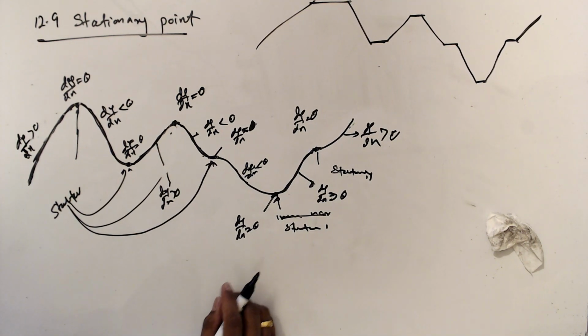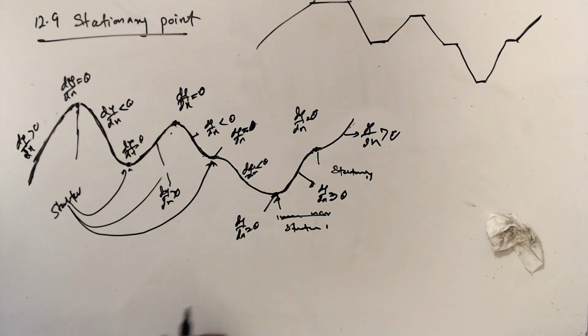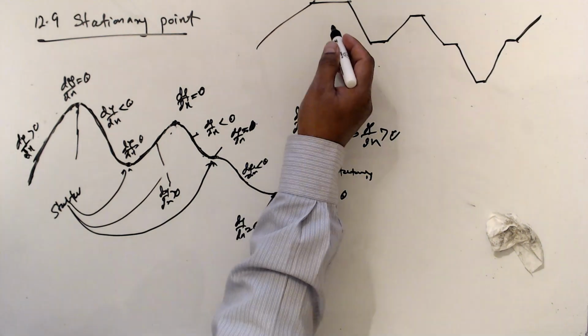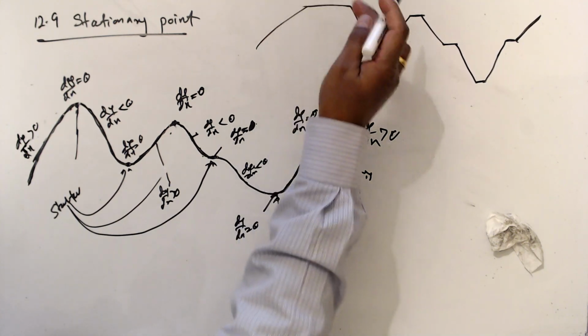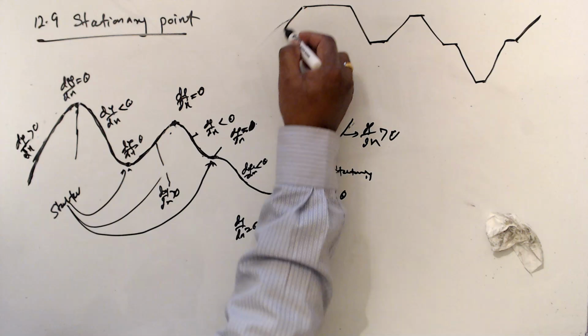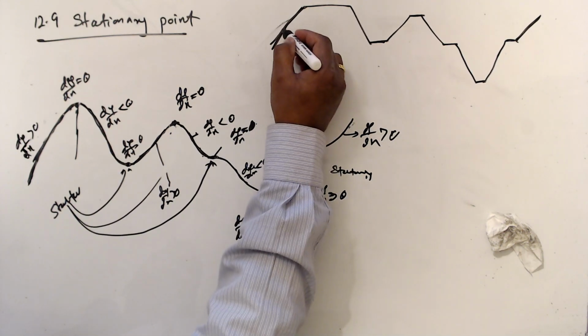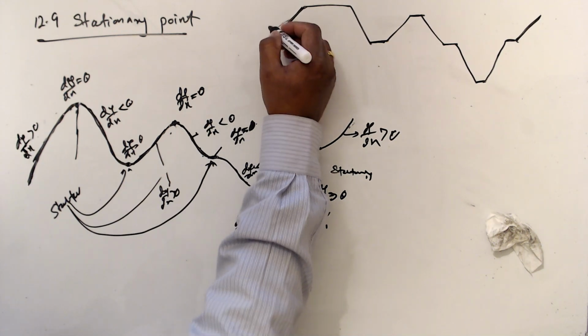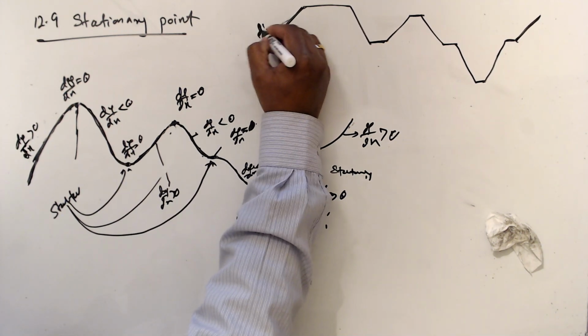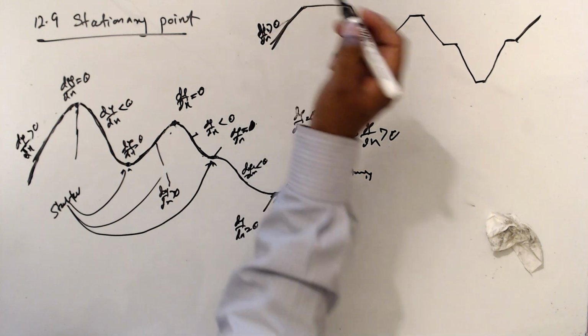Now in here you can see, what is dy/dx? Positive, right? dy/dx is greater than 0.